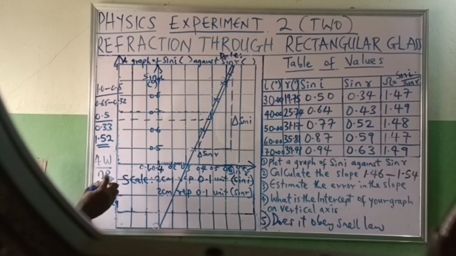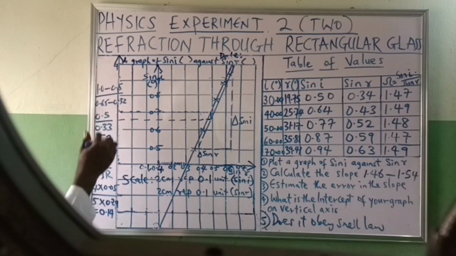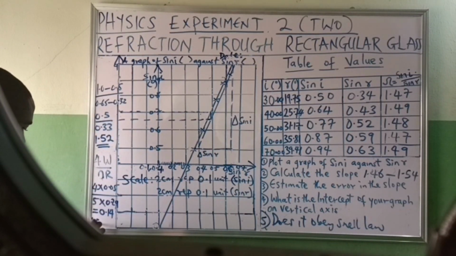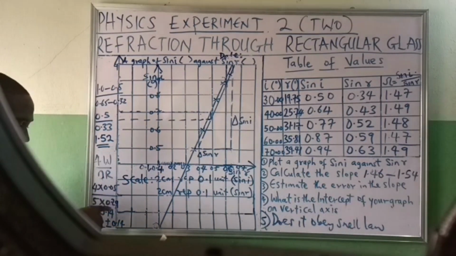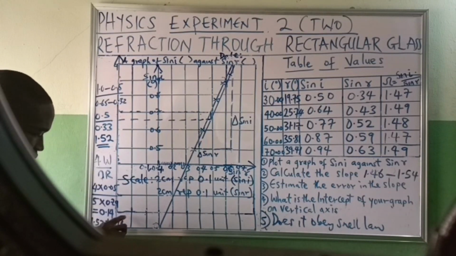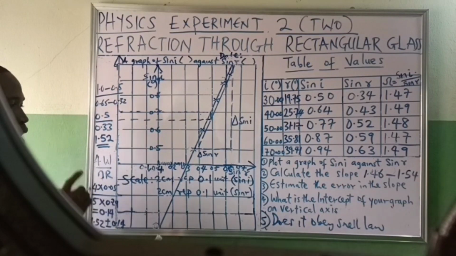When you put it in your calculator and simplify, you will get 0.14 approximately. That means your slope will be 1.52 plus or minus 0.14. That is how to package it. Whatever your calculator gives you, please write it. I just estimated. So whatever it gives you from your calculator, you write it. Then your slope will now be 1.52 plus or minus 0.14.